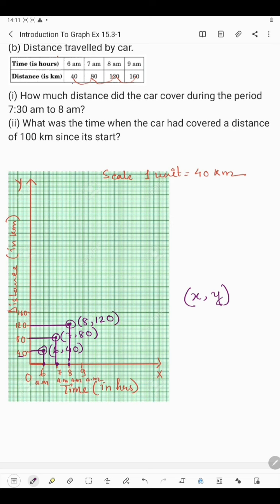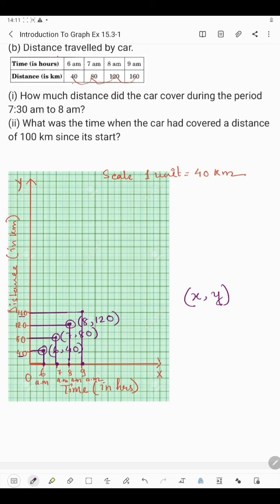Now next at 9 am, it covers the distance 160 kilometers. So 9 is on the x-axis. Here is 9. So from 9, if you go upwards, we'll go up to this because here is 160 kilometers. So from here, if you go towards left to the y-axis, you'll be getting 160 kilometers.